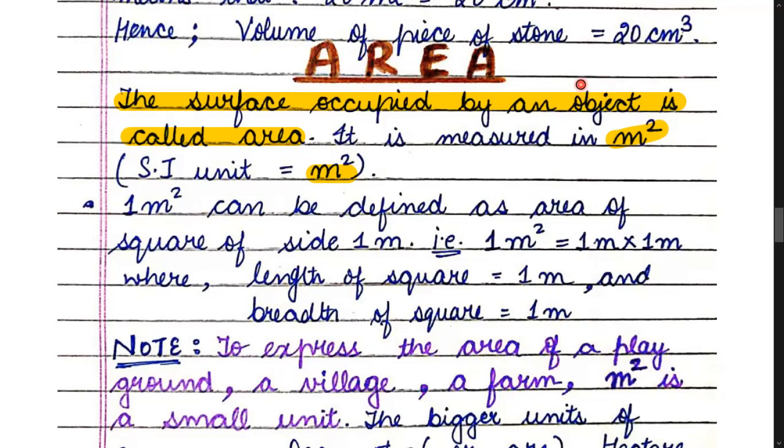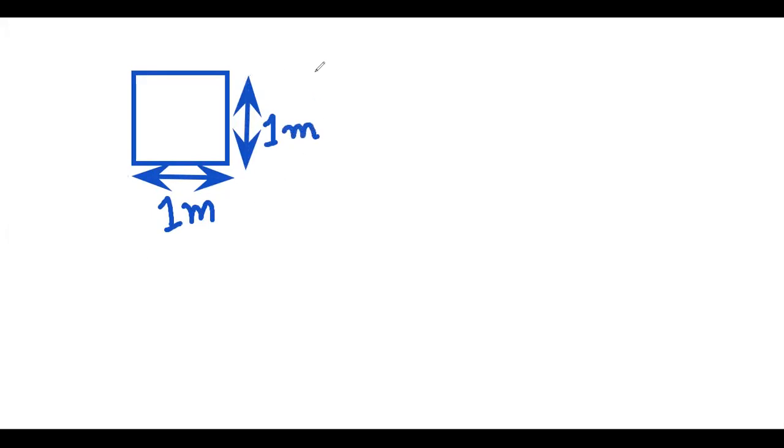Children, 1 meter square can be defined as the area of a square of side 1 meter. So what is 1 meter square? 1 meter square is the area of a square whose side is 1 meter. As you know, a square is a shape whose all sides are equal.